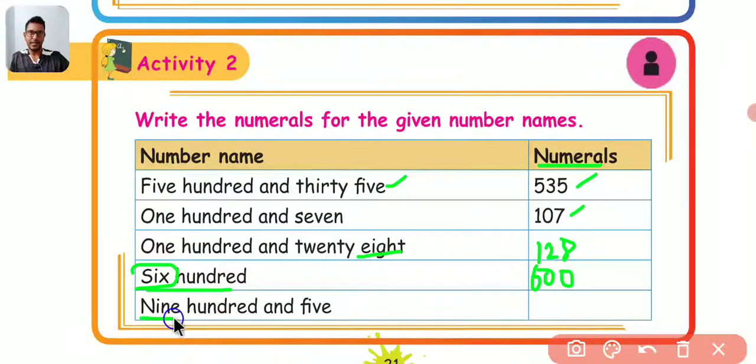Here 9, so you put 9, 100 and 5, there is no tens, that is 905. You just see the words and write the number. 5 means you have to write 5, 100 and 30, 30 means 3, and then finally 5 means 5.